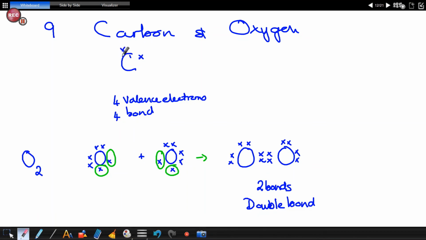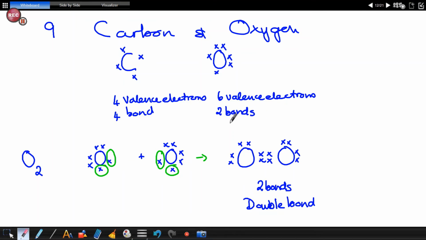It's in group 4, so I can put 4 crosses around the sides of the carbon. Oxygen, we know, has 6 valence electrons and it can form 2 bonds. I know that quickly because it's in group 16. If I look at the periodic table, it can form 2 bonds.